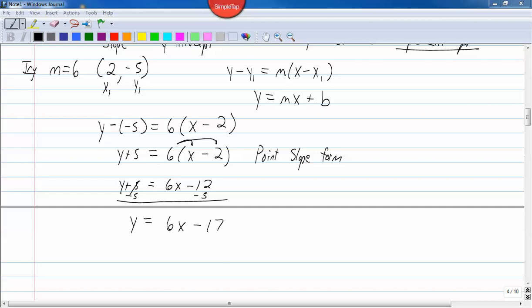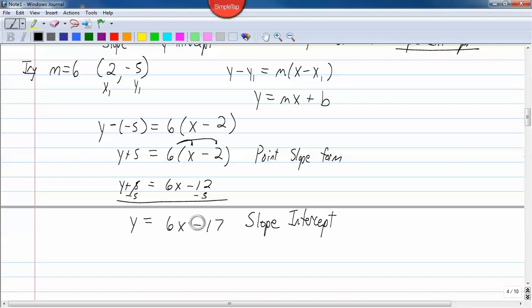Now, if you have the point slope form of the equation of a line, most of the time it's not that useful. But you can always make it y equals to change it into slope-intercept. Slope-intercept form is very useful because it can be used, and you can make a table to get points of a graph.